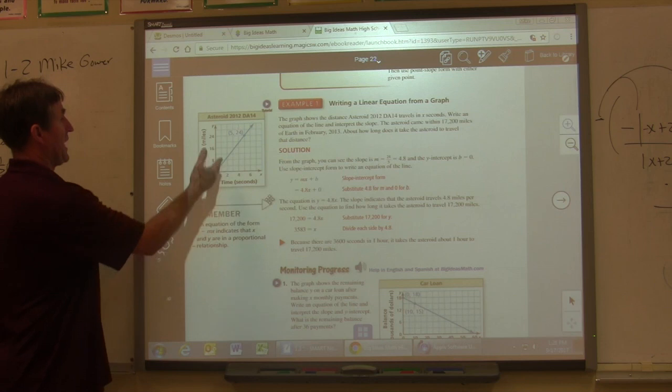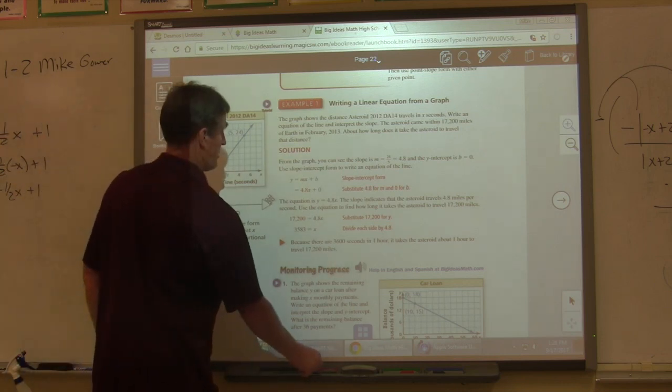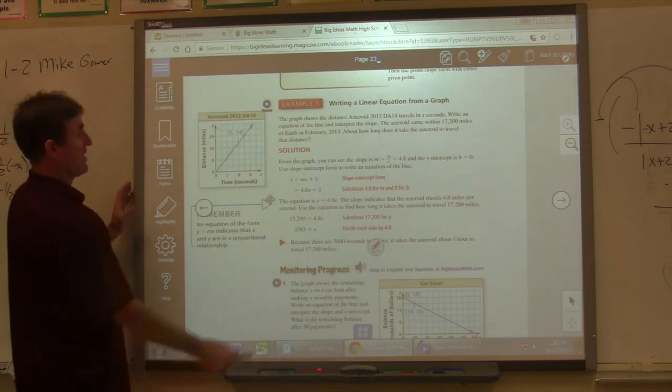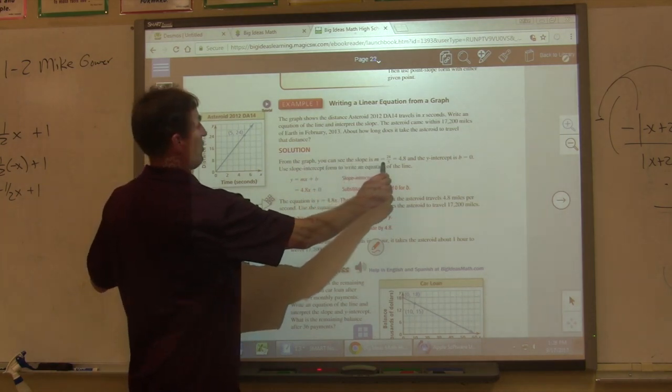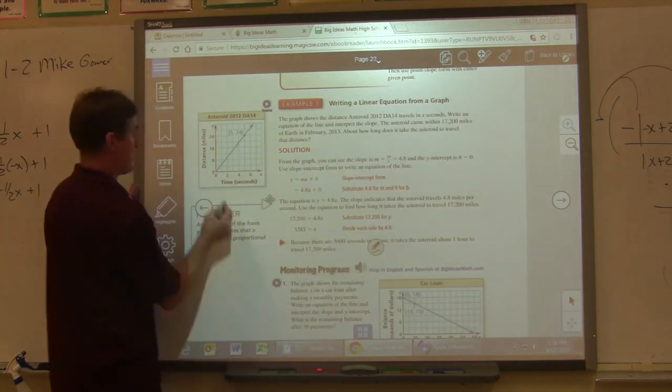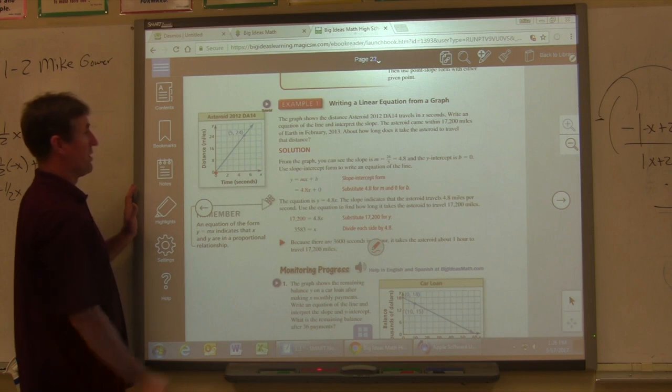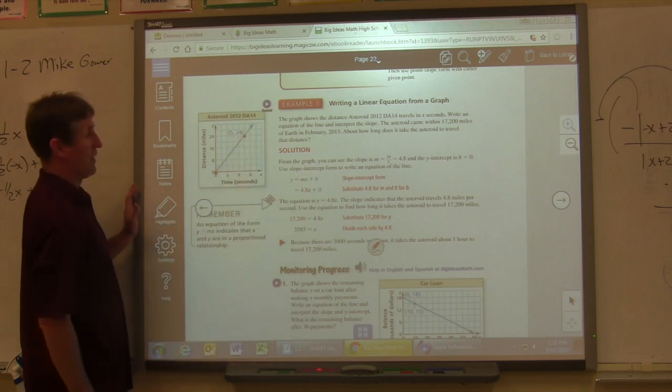So we take our points here. It says from the graph you can see that the slope m is 24/5 because they're taking the point 0, 0, and 5, 24, and they're finding the slope.